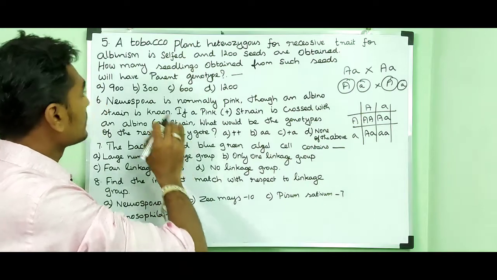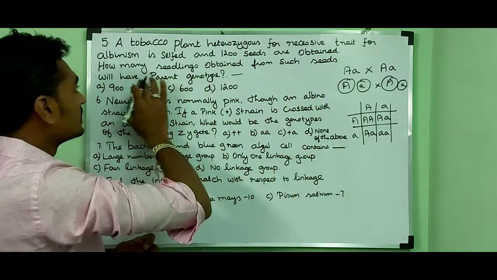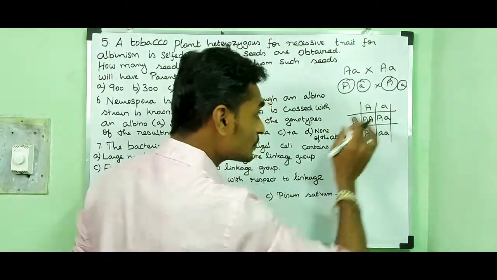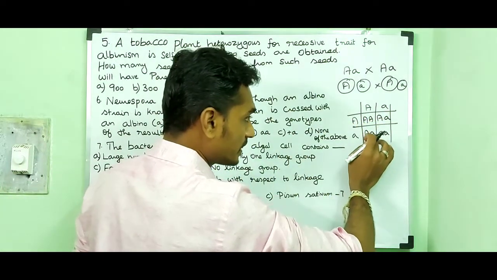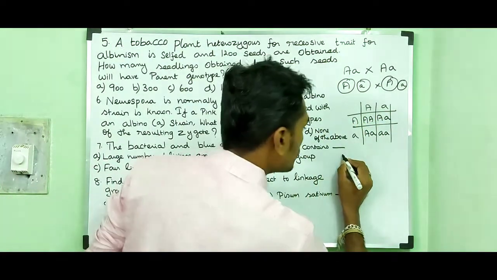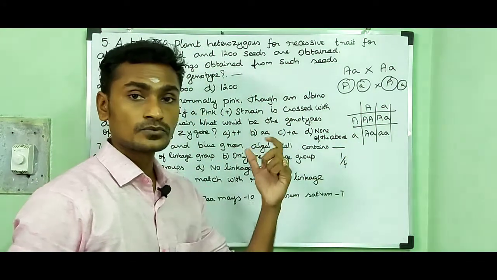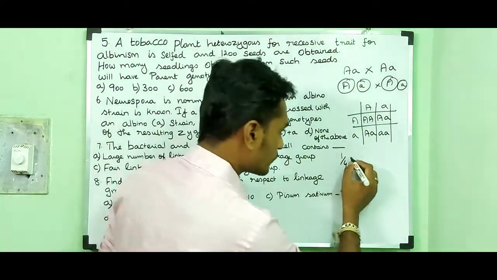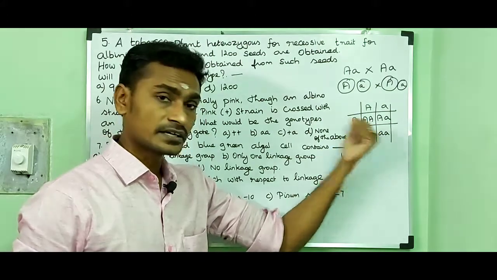Here the question is, how many seedlings obtained from such seeds will have parent genotype? So here you can find two parent genotype, capital A, small a. Among the 4, one young one shows the genotype capital A, capital A, that is 1 by 4.